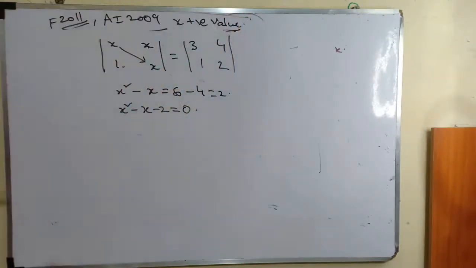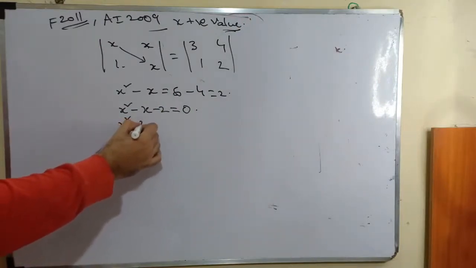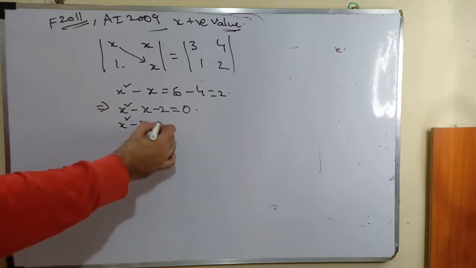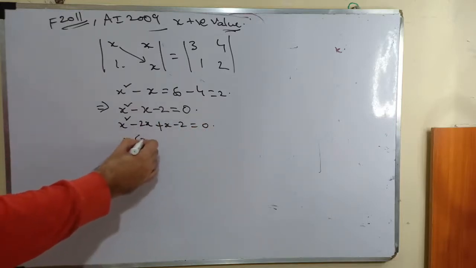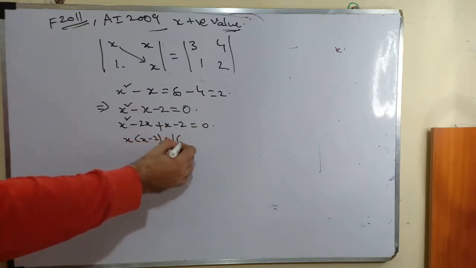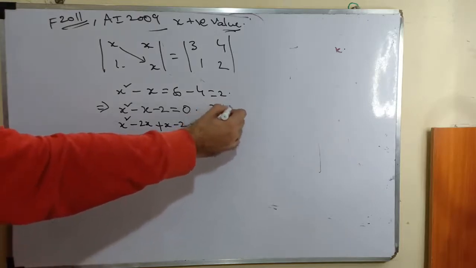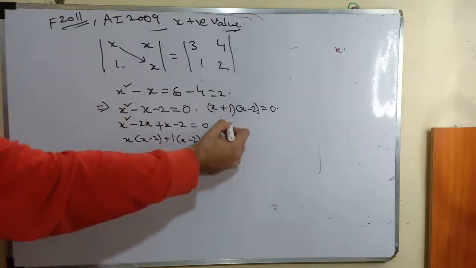So x square we can write as minus 2x plus x minus 2 is equal to 0. So x into x minus 2 plus 1 into x minus 2. So you have x plus 1 into x minus 2, which goes to 0.